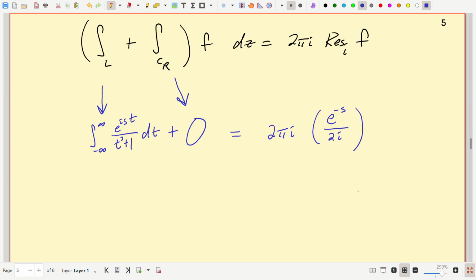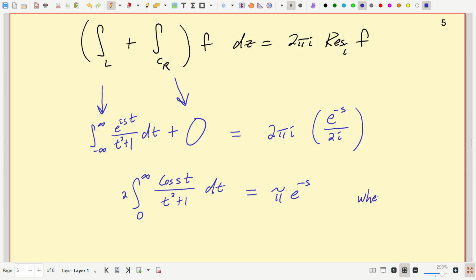And so sure enough, this thing we realized is 2 times the integral from 0 to infinity of cosine st over t squared plus 1 dt. And so it's no surprise that, yeah, that's a real number. The 2's cancel. It's something beautiful, namely pi e to the minus s.